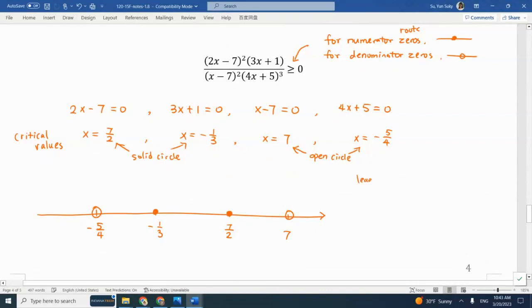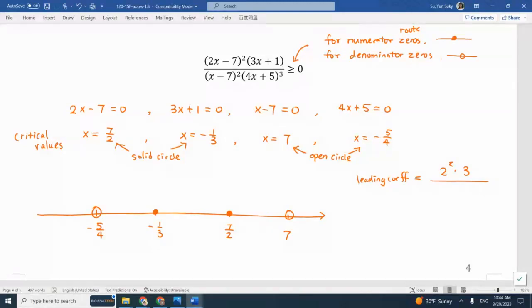Now, what is the leading coefficient? You look at the leading coefficient from each factor. Erica, what's the leading coefficient of this factor? 2. So we put 2 squared, right? And what's the leading coefficient of this factor? 3. So we put 3. What's the leading coefficient of this factor? 1.